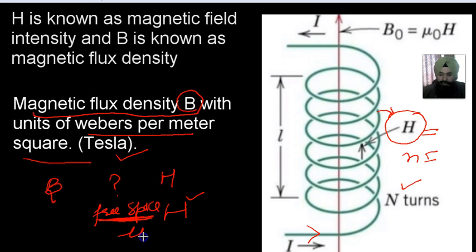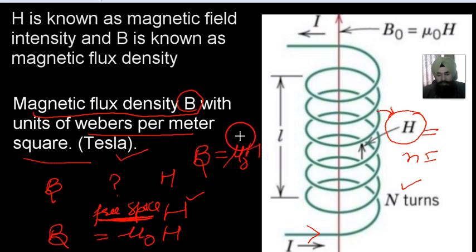And when it interacts, that becomes B, the magnetic flux density. So magnetic flux density is, you know what, B equals mu naught H.